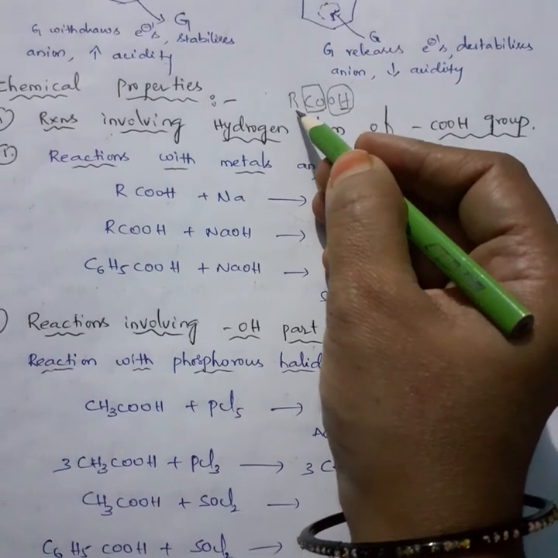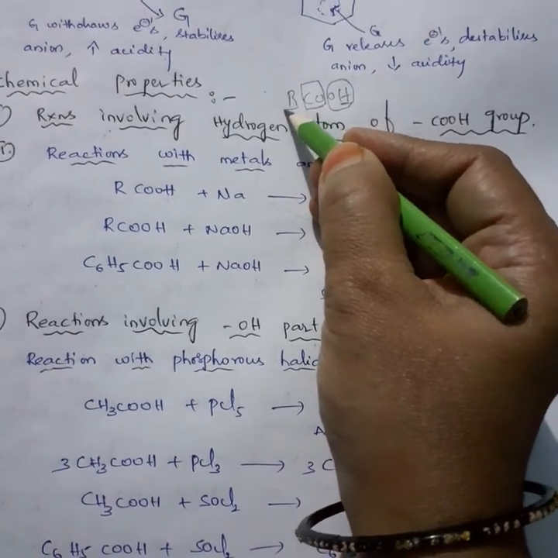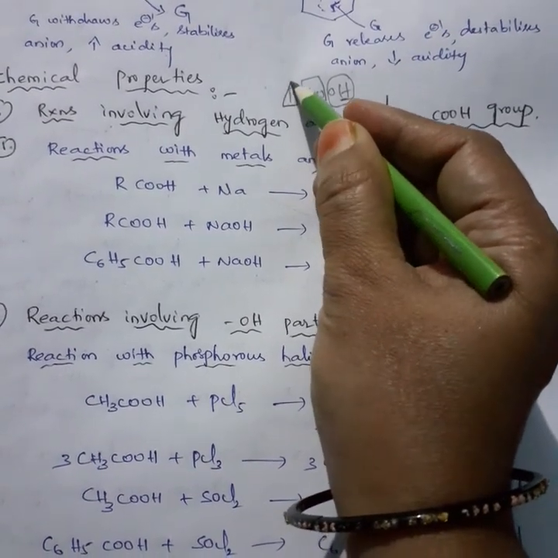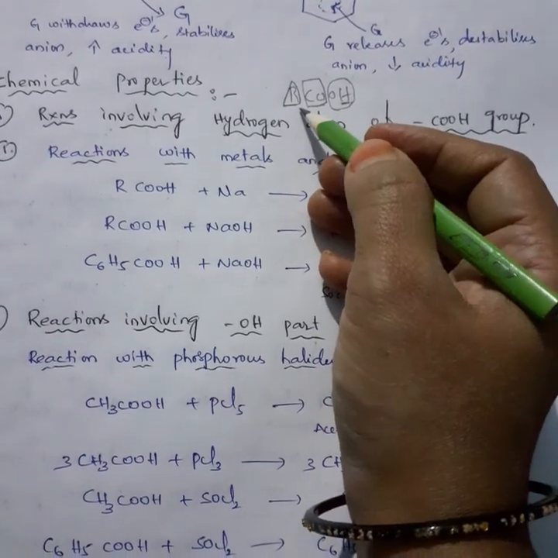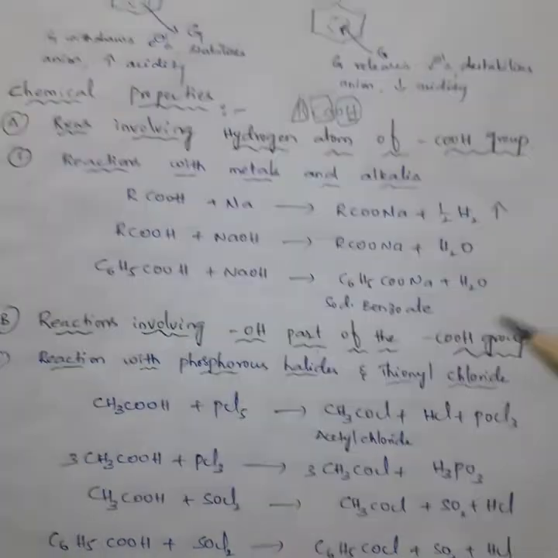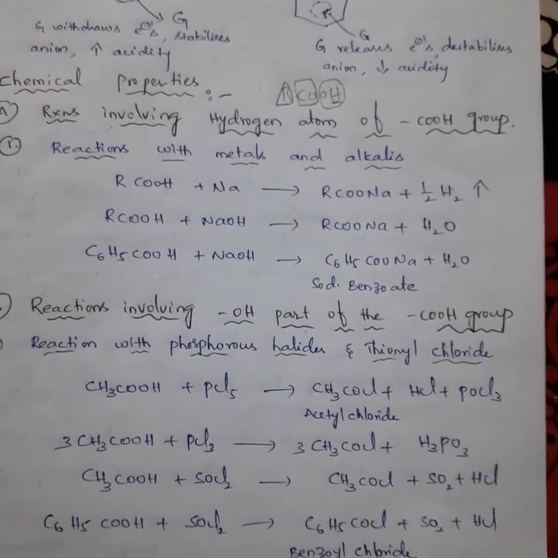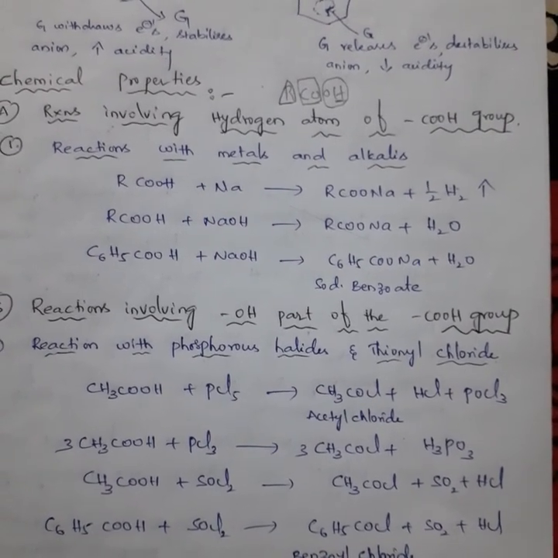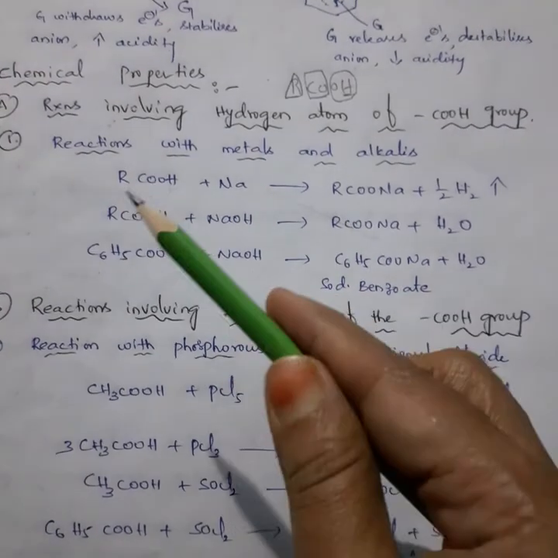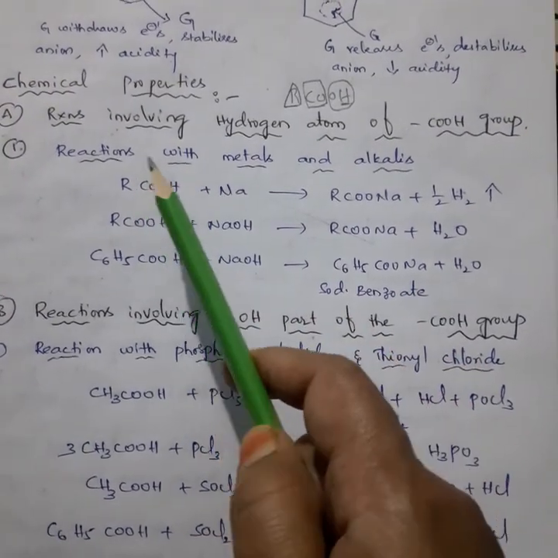And the next heading is the reactions in carboxylic acids due to the presence of this R. So now we are going to study the chemical properties of these carboxylic acids under four different headings. Okay, so first one we will see one by one.